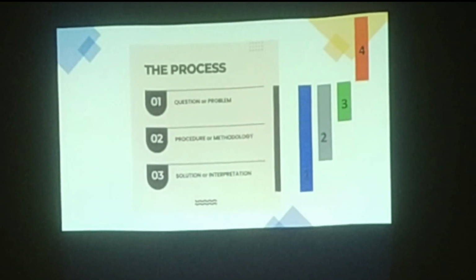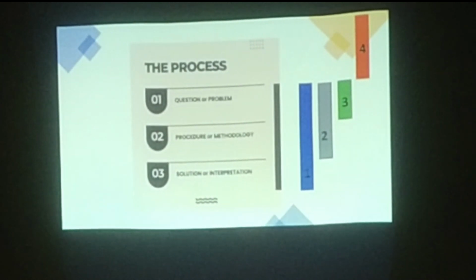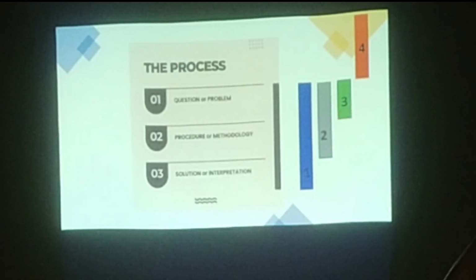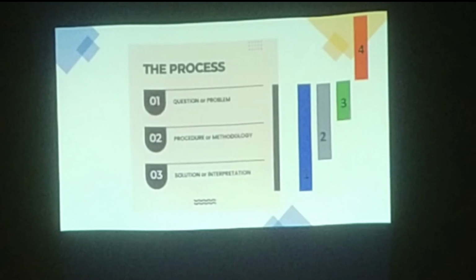And then of course, the third one has to do with your solution or interpretation. So that condenses the whole process of the scientific investigation method. So you've got the question, you've got the method, and then you've got the interpretation. But we know, if you go back to our diagrams where there's the cyclical, etc., that in between those processes are many different steps. Okay?